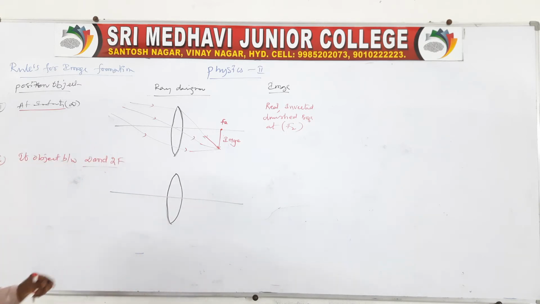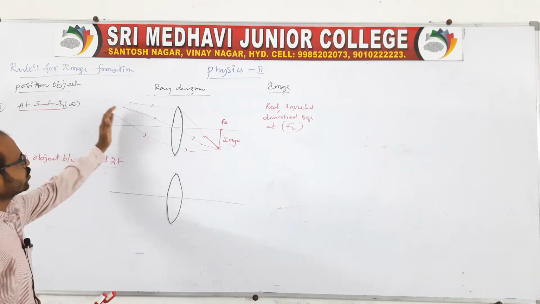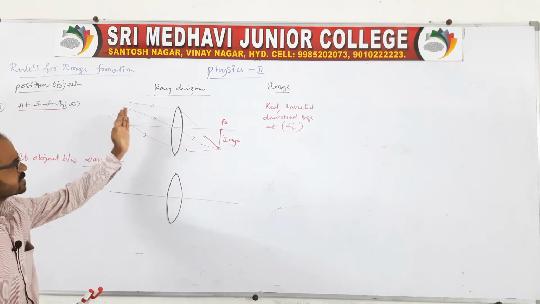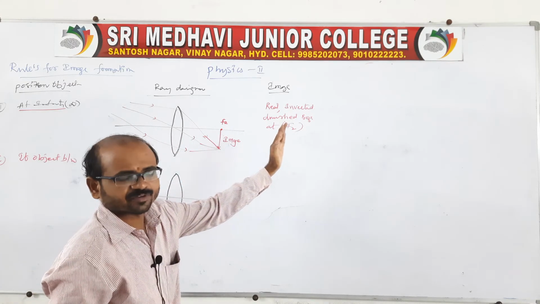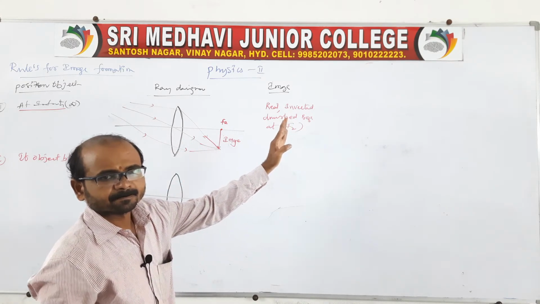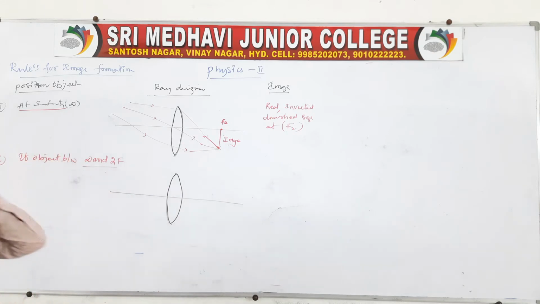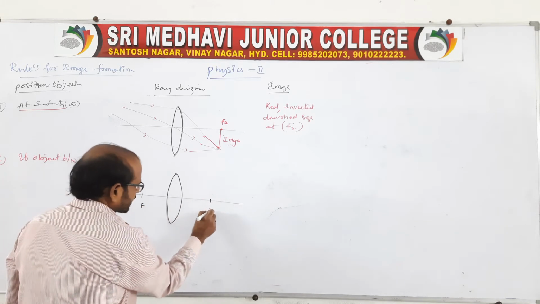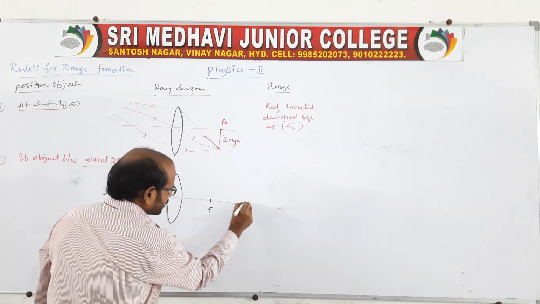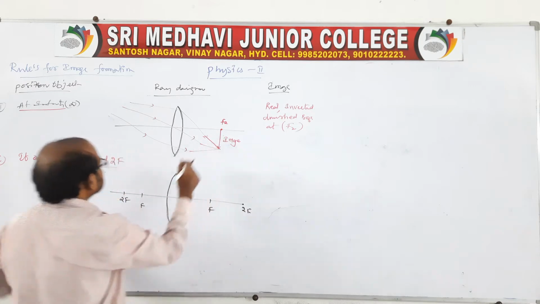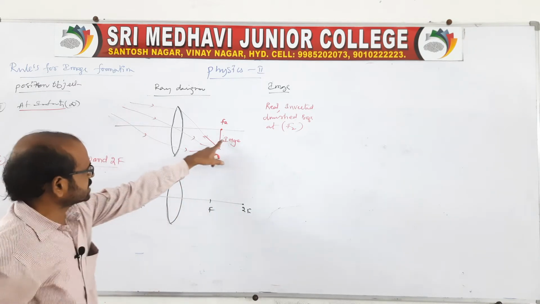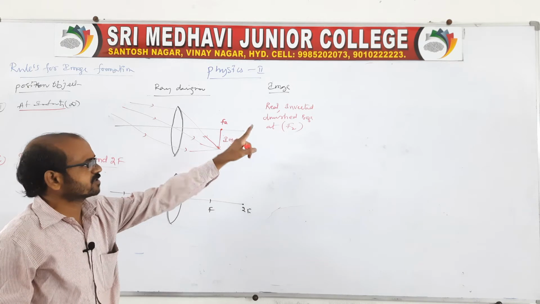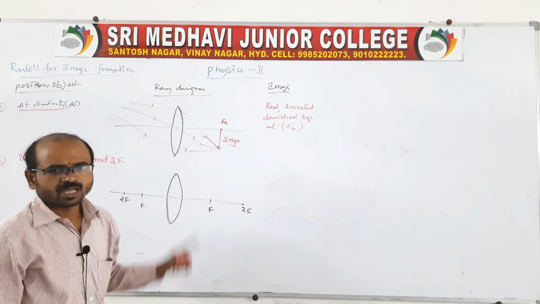Same issue as I told you previously related to mirrors: if the object is moving towards the mirror or lens, the image moves away from the lens, which we discussed previously. Now take 2f and f on both sides. Initially the object is at infinite, therefore the image will be at f2, real, inverted and diminished in size.